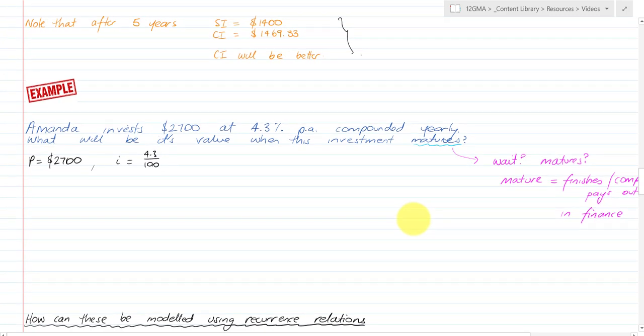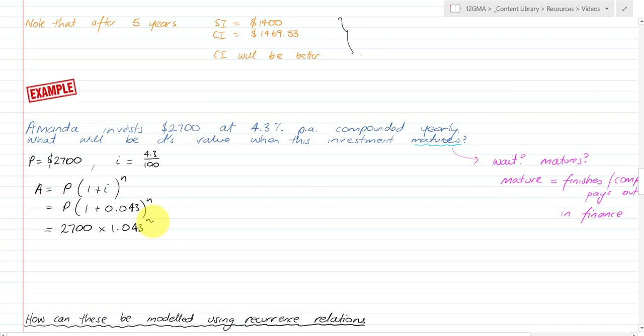But let's start by thinking about this generally. Well, the amount is equal to P times 1 plus I to the power of n. That's equal to P times 1 plus 0.043 to the power of n. And of course, P is 2,700. 2,700 times 1.043 to the power of n.